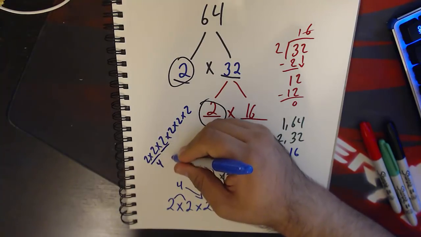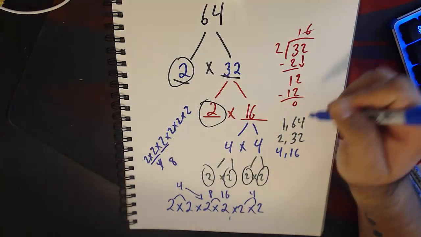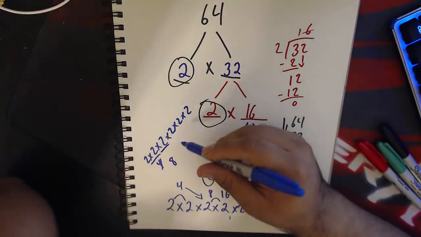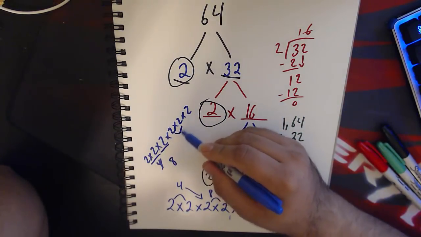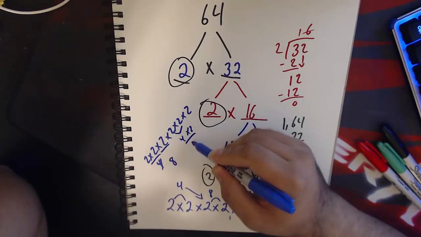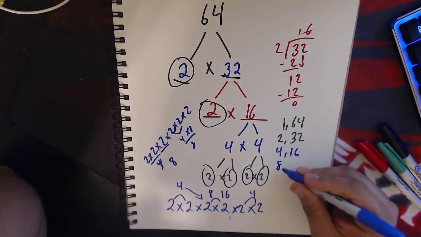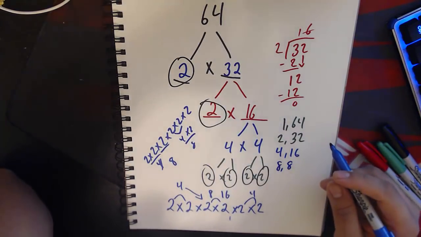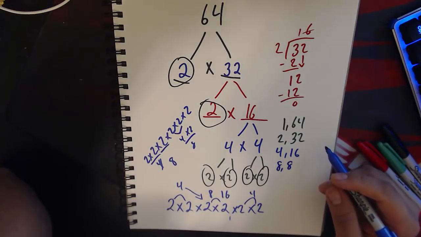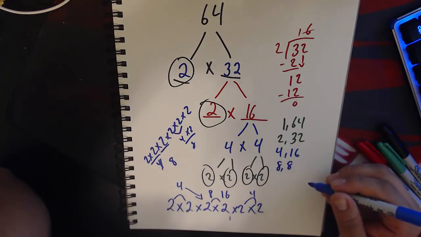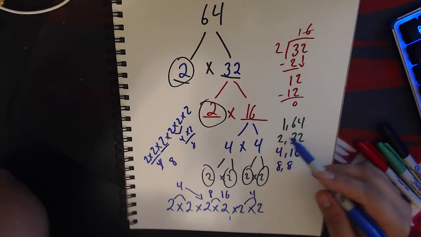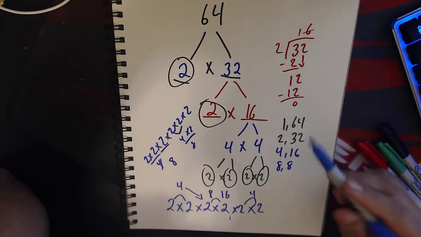Times another 2 is 8. Then I'm going to stop there because I don't have an 8 yet. And then I'm going to figure this out: 2 times 2 is 4, times 2 is 8. So 8 times 8 is 64. And I believe these are the last of our factors for the number 64. So I have 1, 2, 3, 4, 5, 6, 7, 8 factors of 64.